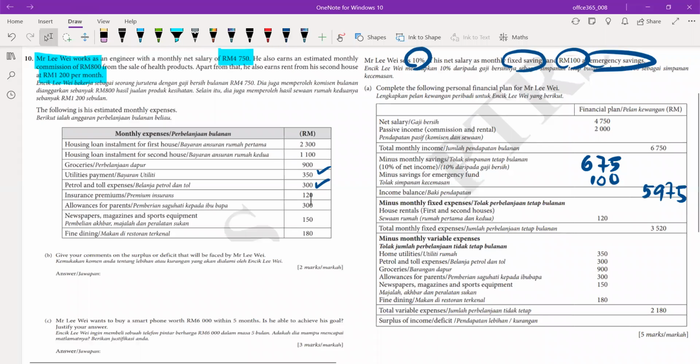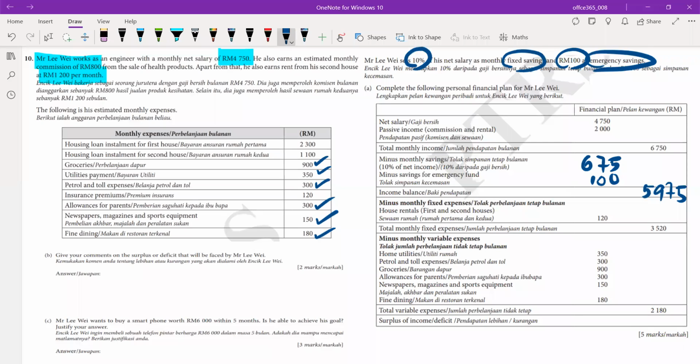Okay, I want you to double check because somehow they give you inside here. Sometimes you have to put in the value, so don't make any mistake. So that you all can easily know where is the question and the missing thing. Okay, 900 grocery, fill in everything. 300 is the allowance for parents, newspaper 180. And then the housing loan for the first house, and the housing loan for the second house.